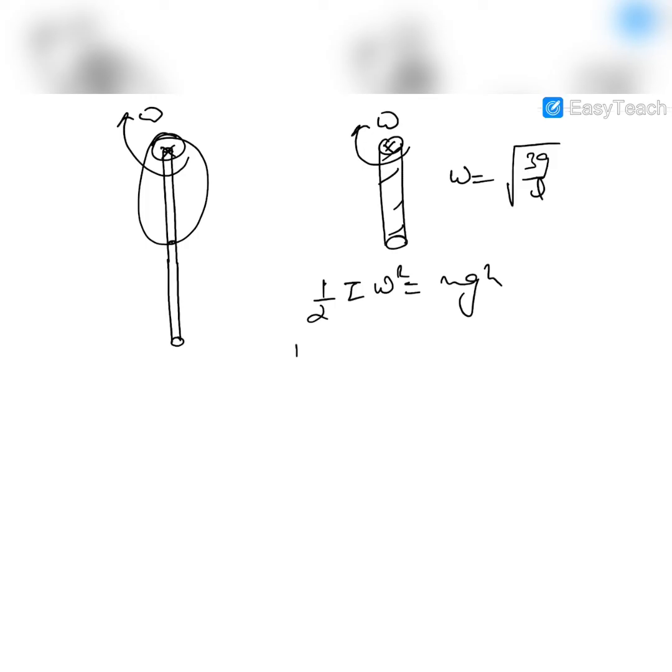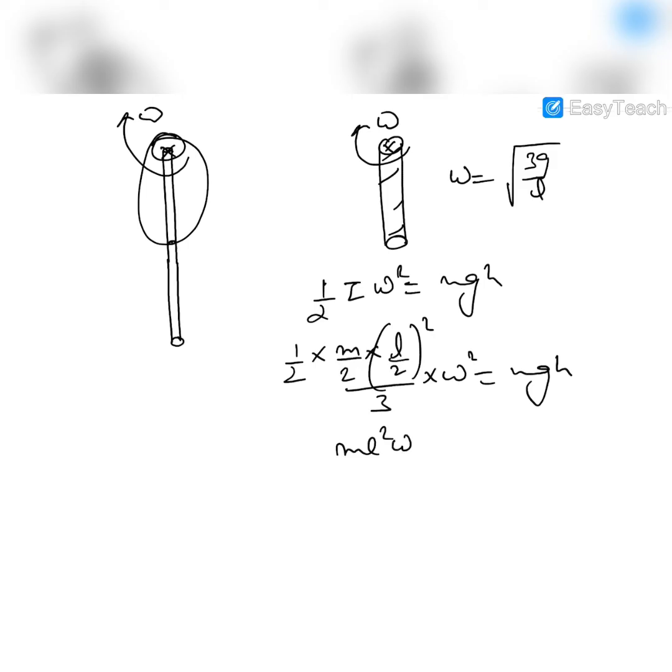So I will be, with mass m by 2 and length L by 2, whole square divided by 3, because the formula of moment of inertia is mL square by 3, and this is omega square, equal to mgh. So mL square omega square by 48 will be equal to mgh.